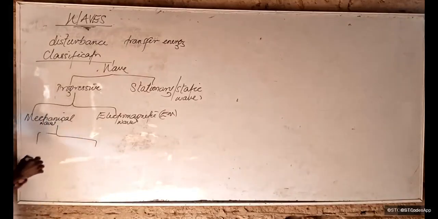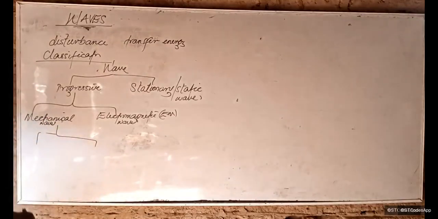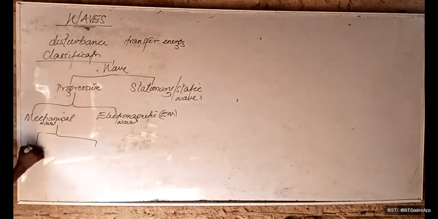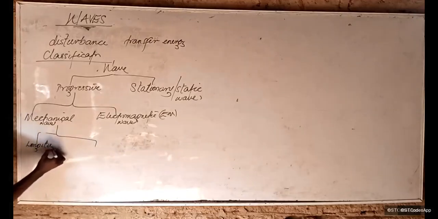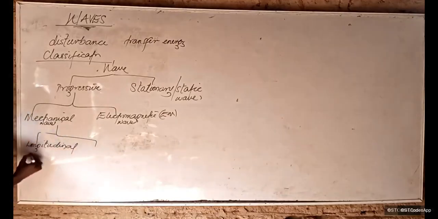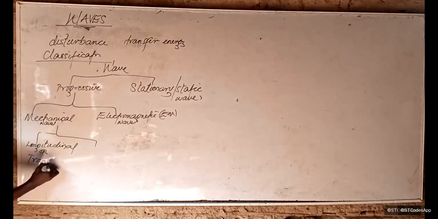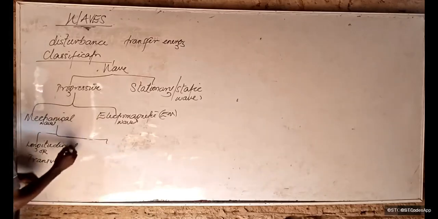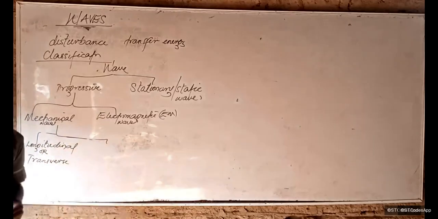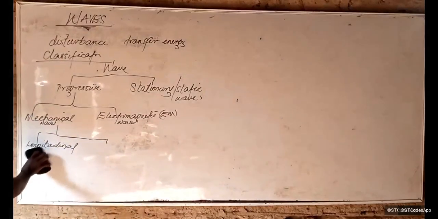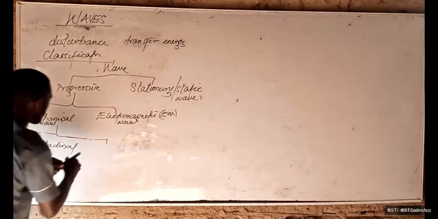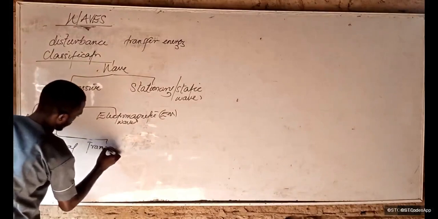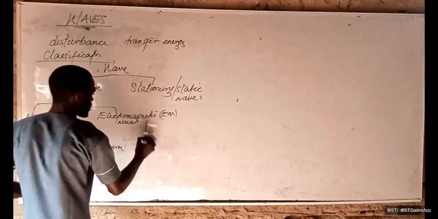The mechanical wave is further divided into longitudinal or transverse waves, while EM waves are primarily transverse.